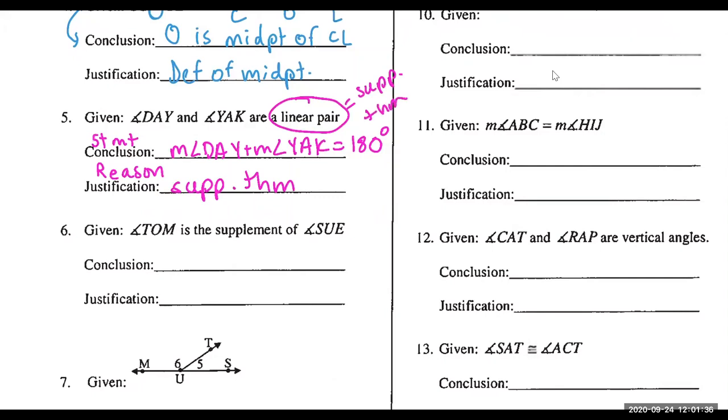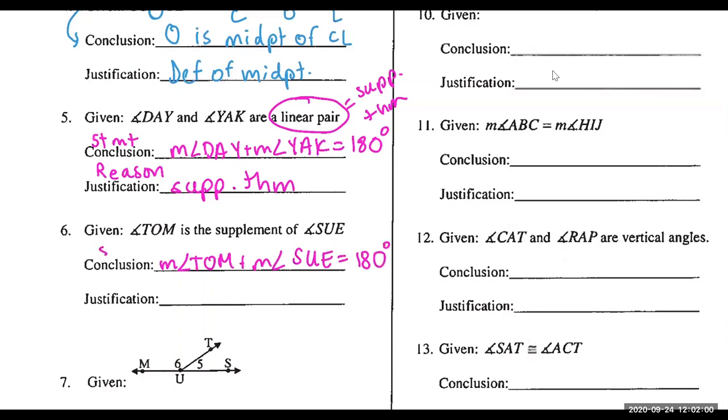On number 6, this says angle THM is a supplement of angle SU. So that means that they're supplementary to each other. So the measure of angle THM plus the measure of angle SU, if they're supplementary to each other, then I would know it's also equal to 180 degrees.